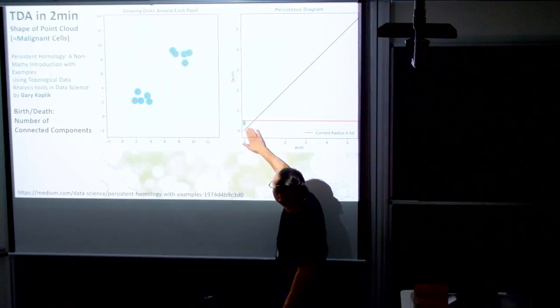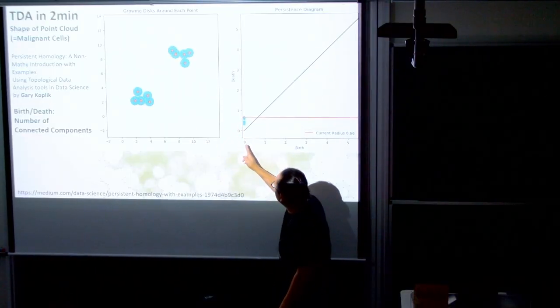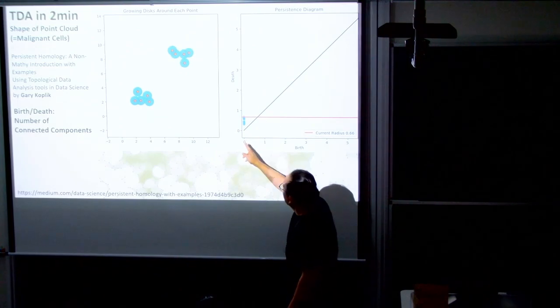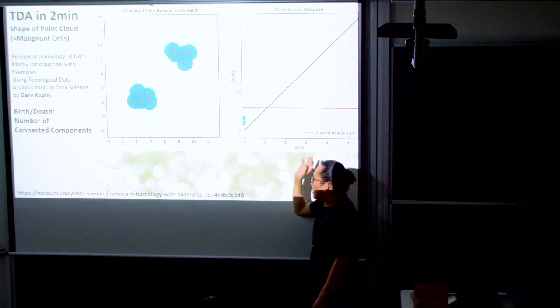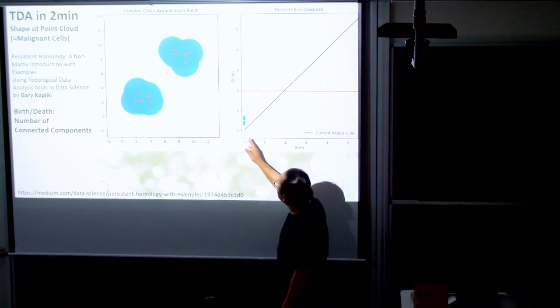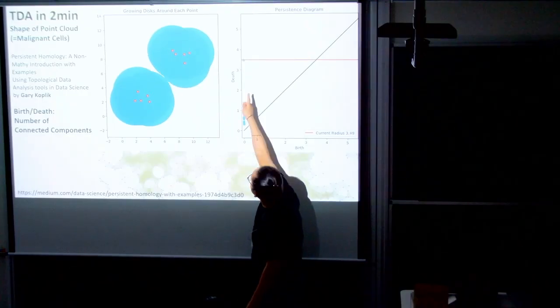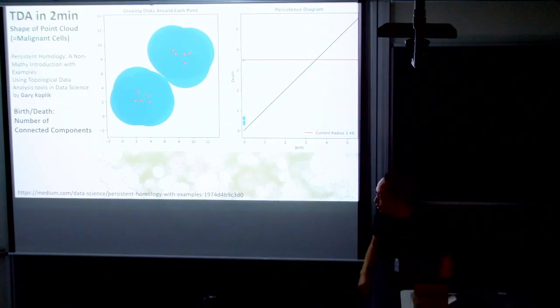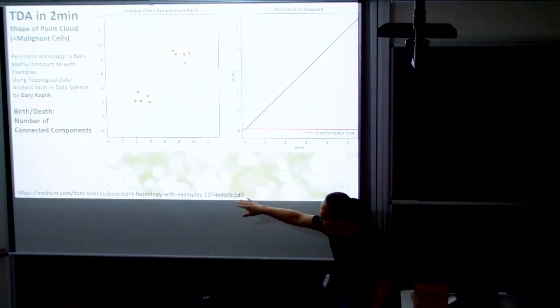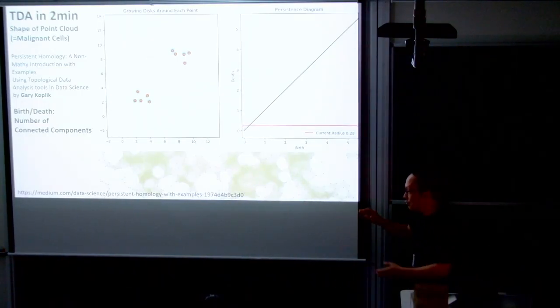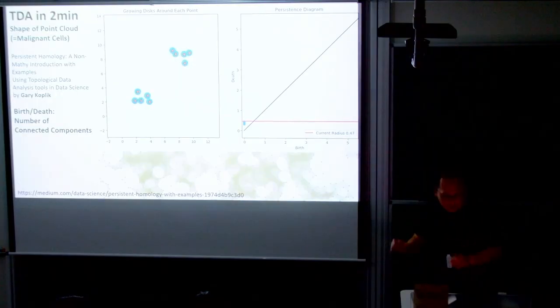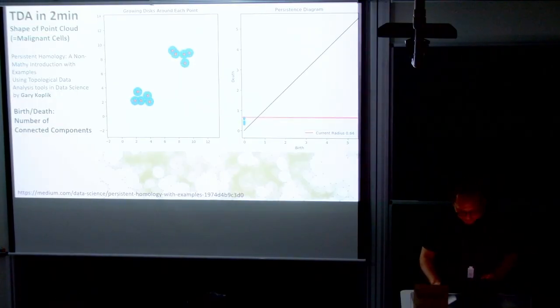That's the reason we have these diagrams. This birth and death explains the epsilon, the radius, and this radius is growing. At some point, it will be dead, right? I also recommend reading this medium.com data science article, which is an excellent introduction to understanding TDA.